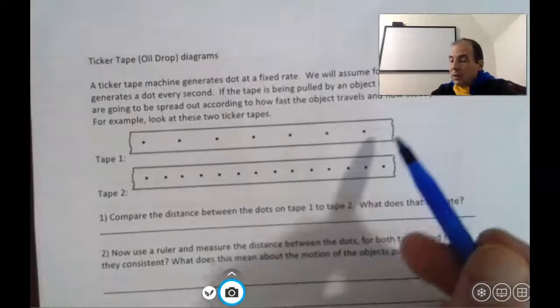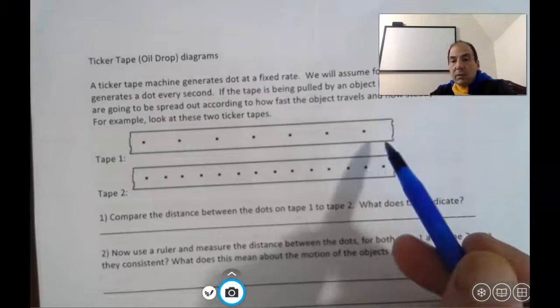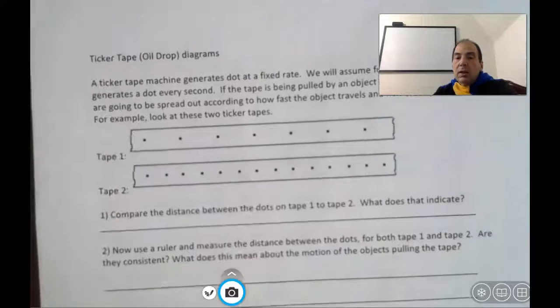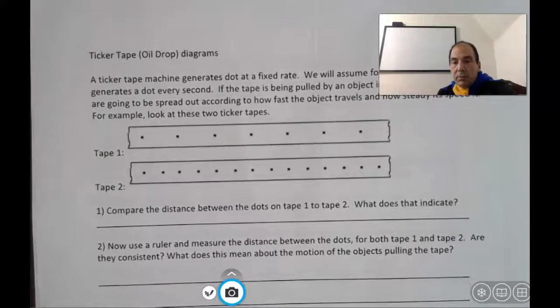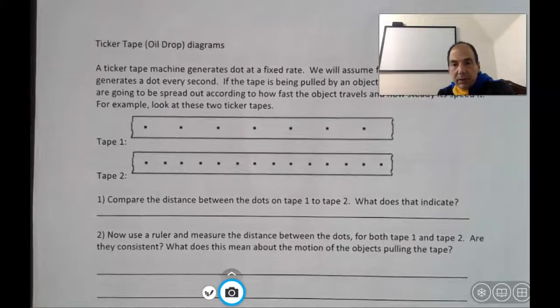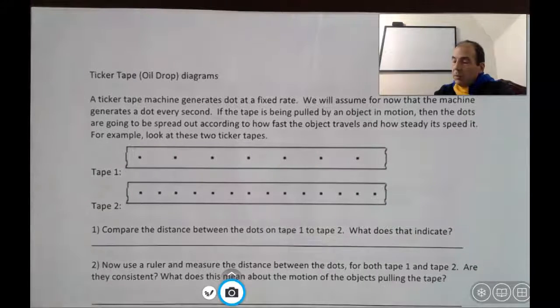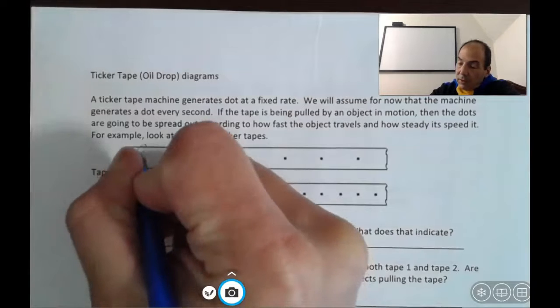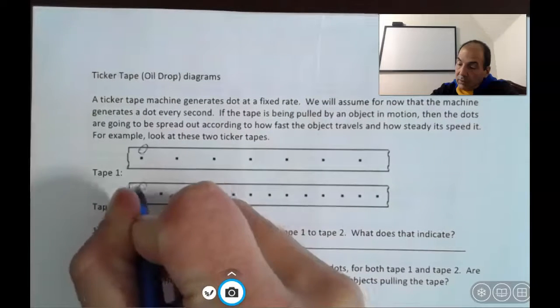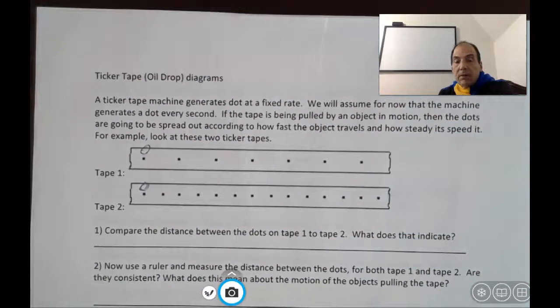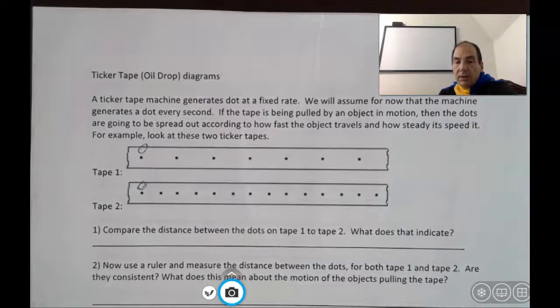So what we do is we tape one end of the paper to a car and have the car start pulling it, a battery operated car, of course. Then we get these dots. So what we're going to do is assume that it starts at the left side. So we're going to say this is time equals 0, this is time equals 0. And remember that every dot is a second.